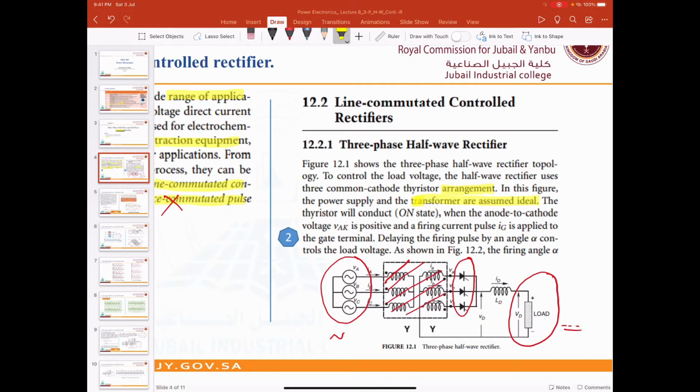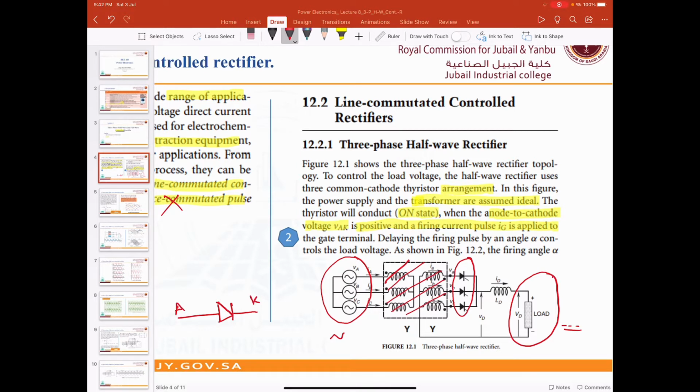The thyristor will conduct in the on state when the anode to cathode voltage VAK is positive and the firing current pulse IG is applied. So this one is already explained in the previous lectures. We said that in a thyristor here, this is the anode, this is the cathode.